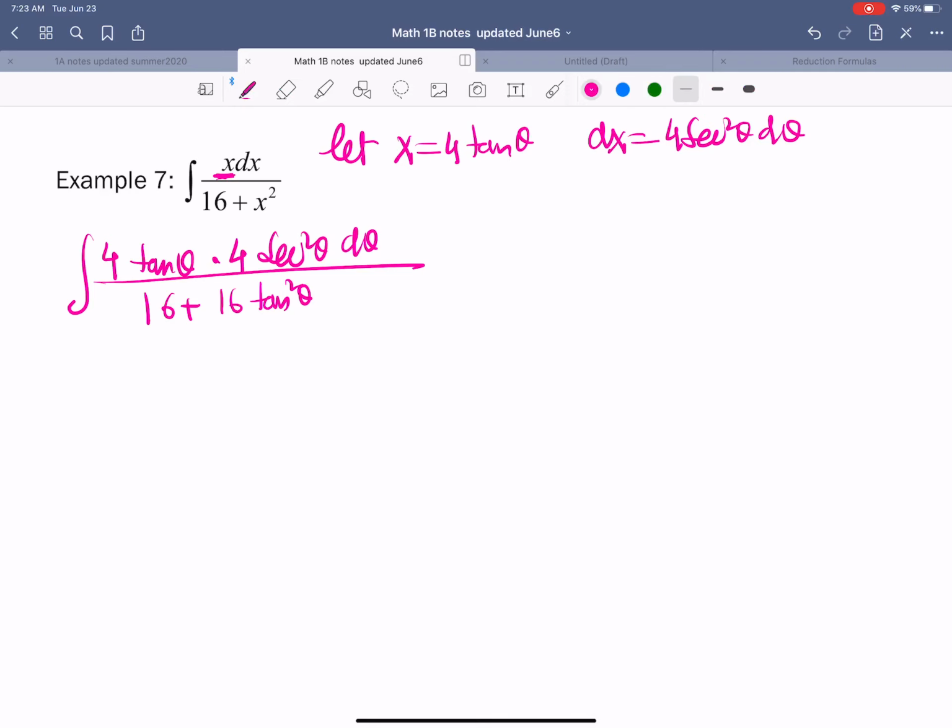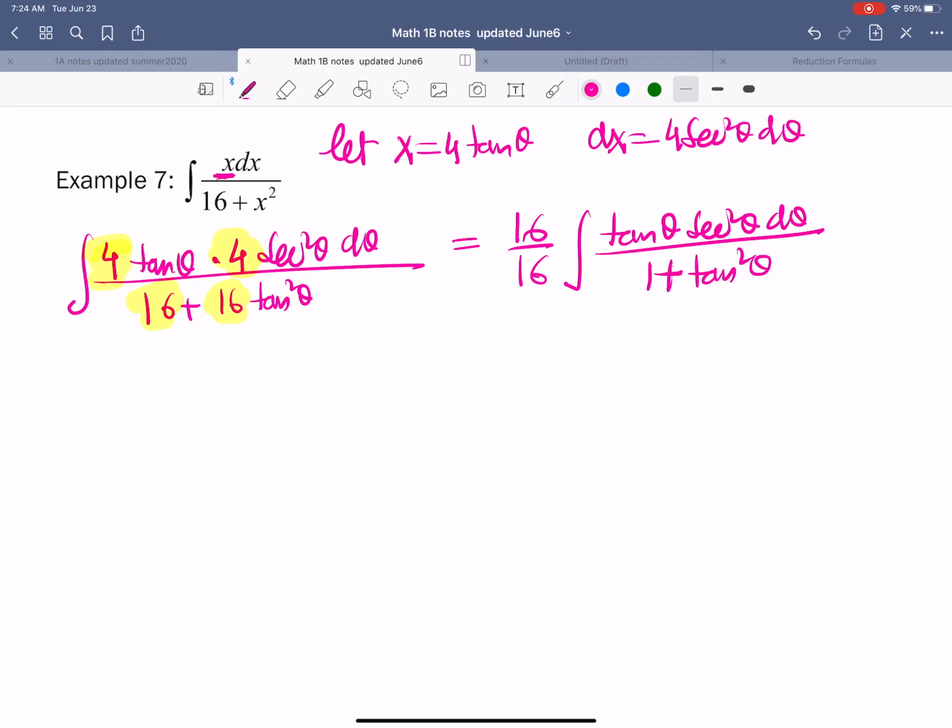Okay, let us see what I can pull out from the numerator. Looks like I can pull out a 4, I can pull out another 4, and from the denominator I can pull out a 16. There's no square root, so 16 would come out. The top, I can do 4 times 4, 16, and numerator and denominator, they both have a 16 I can pull out. The numerator is tangent theta secant squared theta d theta, and the denominator is 1 plus tangent squared theta.